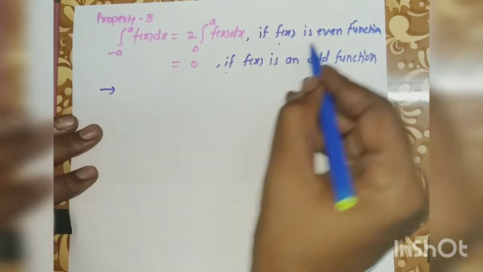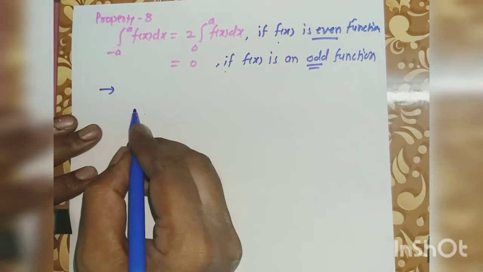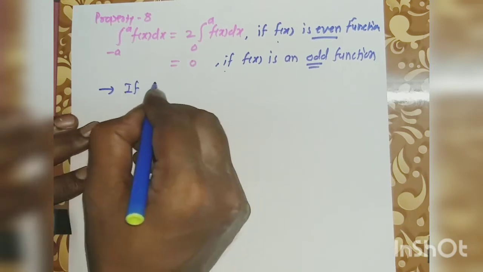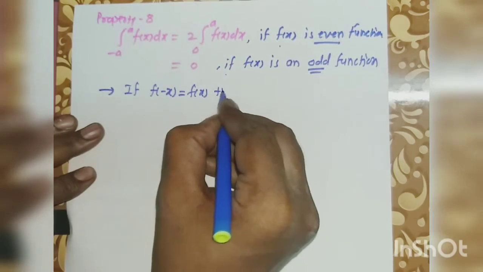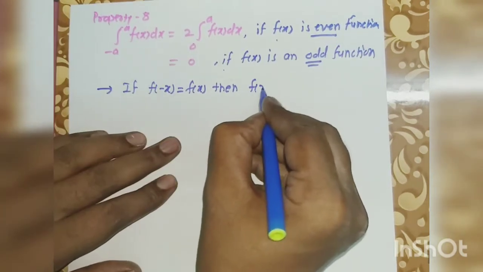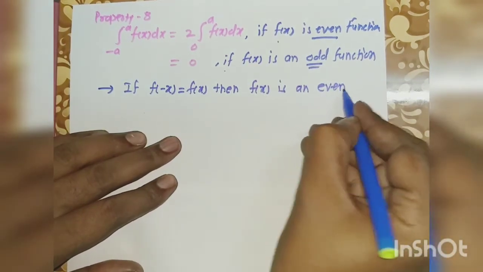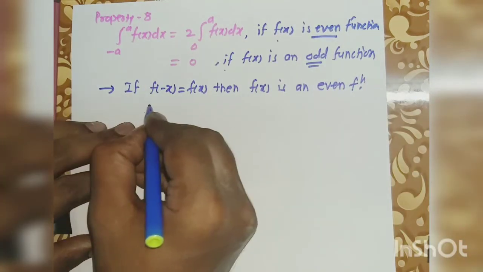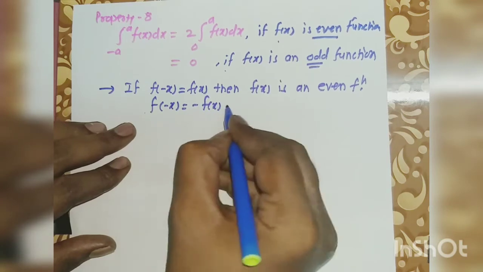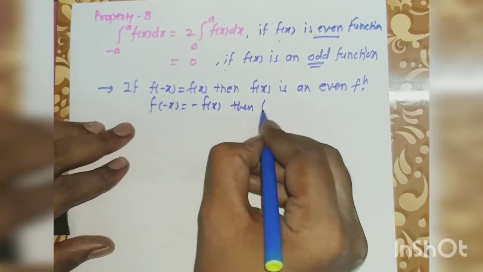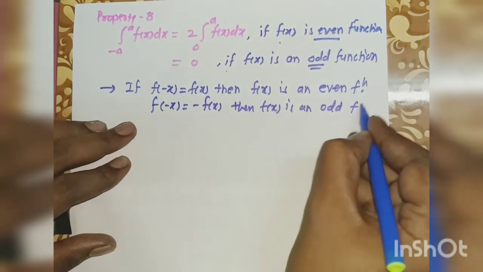First we see what is meant by an even function and what is meant by an odd function. Last year we already studied this. If f(minus x) is equal to f(x), then f(x) is an even function, and if f(minus x) is equal to minus f(x), then f(x) is an odd function.